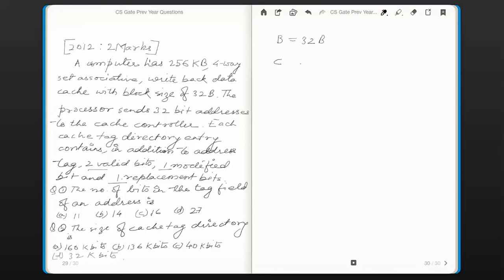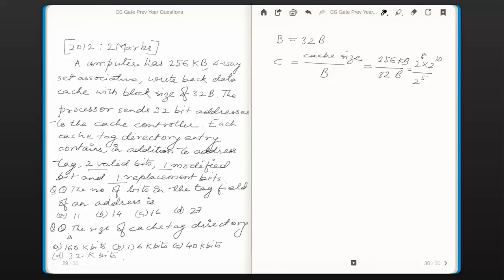Now let us represent number of cache blocks with capital C, and the formula for number of cache blocks is total cache size divided by block size, which is represented by capital B. Now cache size is given to be 256 kilobytes and block size is 32 bytes. 256 can be written as 2 to the power 8 and kilo can be written as 2 to the power 10, whereas 32 can be written as 2 to the power 5.